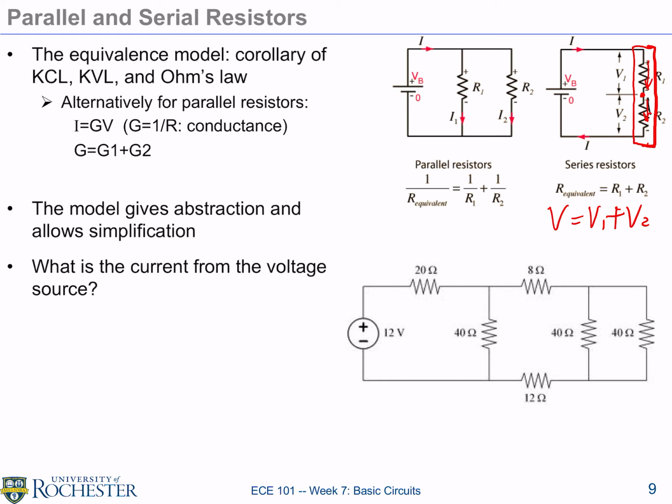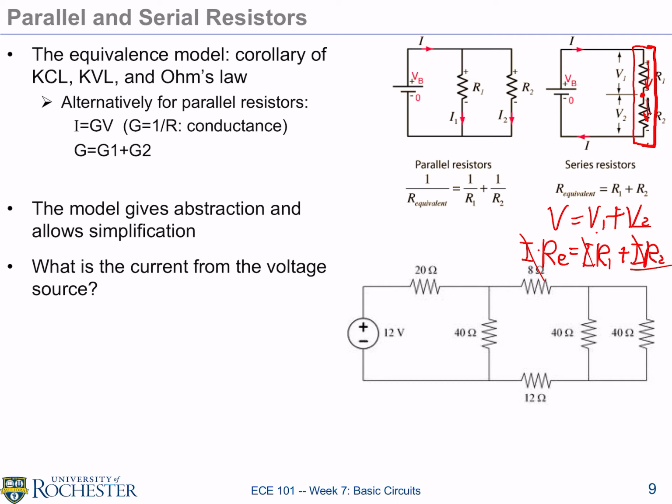Because it has nowhere else to go, the I is the same I. So this side would be I R1, I R2. These are the same as V. That's your Ohm's law. So V, which if we call that an equivalent RE, is this. If we cancel I on both sides, the equivalent is R1 plus R2.